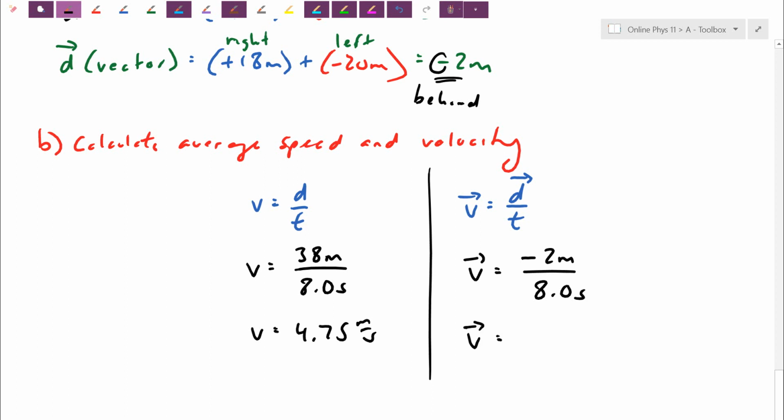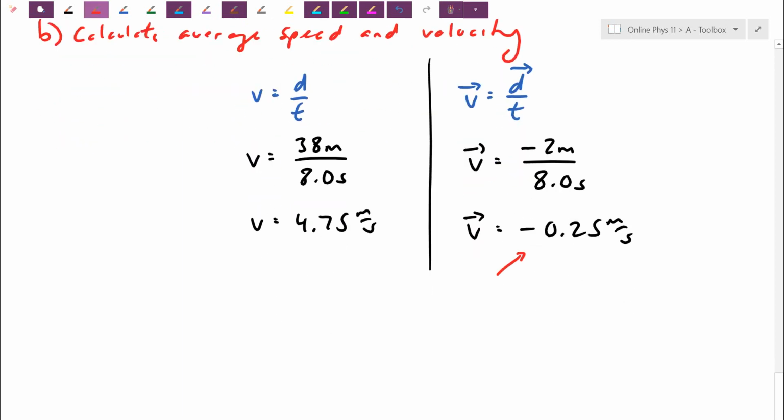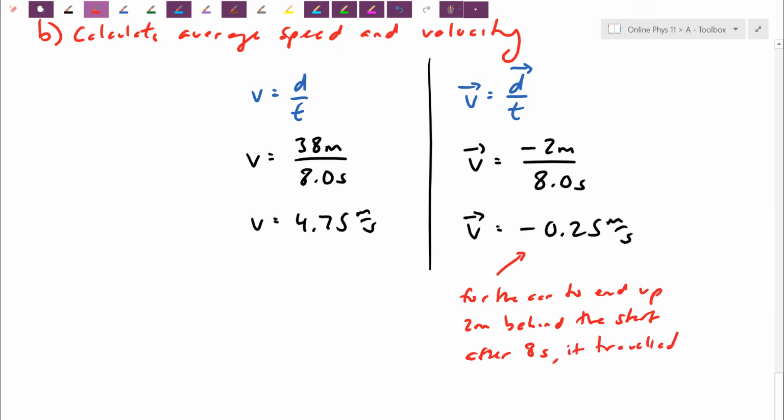Your average velocity is different. It's only 0.25. Notice the car at no point in this motion actually traveled this slow. But let me translate this for you. For the car to end up 2 meters behind the start after 8 seconds, it traveled negative 0.25 meters per second, and that negative means backwards.